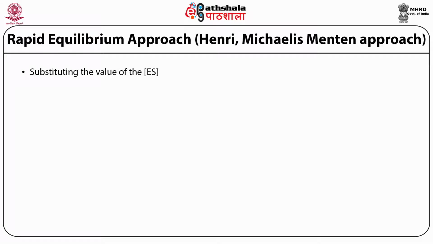When we substitute the value of the ES complex into the equation, we have V upon ET is equal to K2 into ES, where we replace ES with its value, substrate concentration divided by Ks into free enzyme concentration.